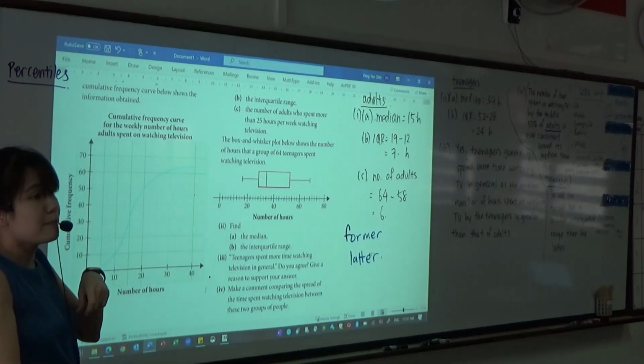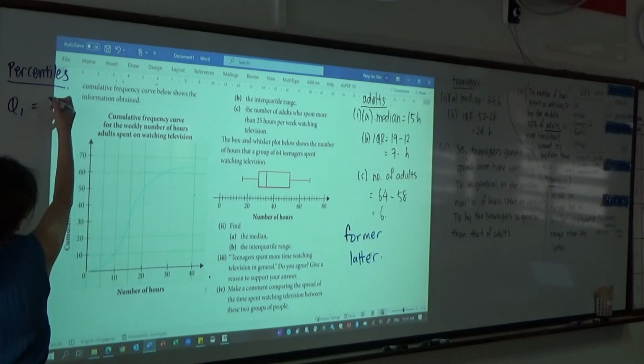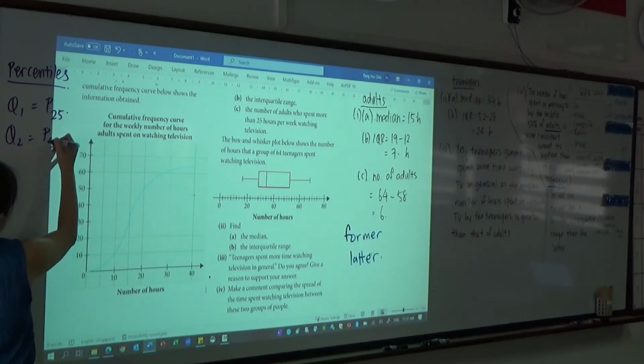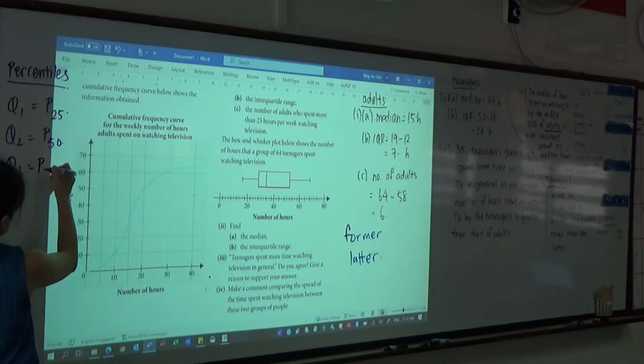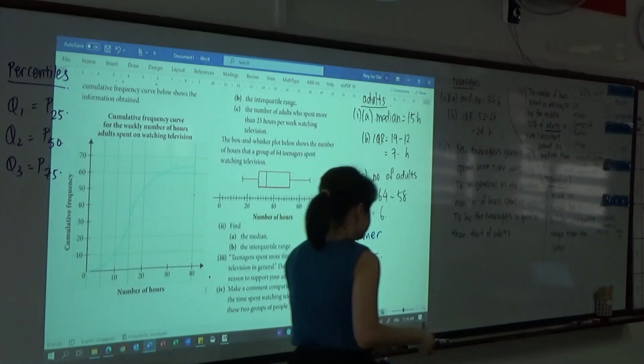Okay, I think it's also important for us to realize that the first quartile is the same as the 25th percentile, the median is the same as the 50th percentile, and the upper quartile is the same as the 75th percentile. Okay, so because your median is at the 50th mark, and then after that your upper quartile is at the 75th, upper quarter, 3 quarters. Okay, 3 quarters will be 75 over 100. So you need to be able to recognize this as well.